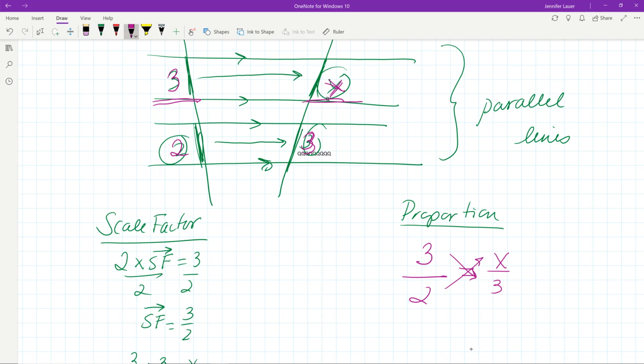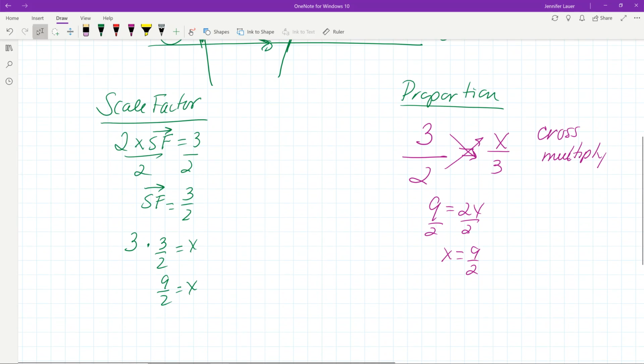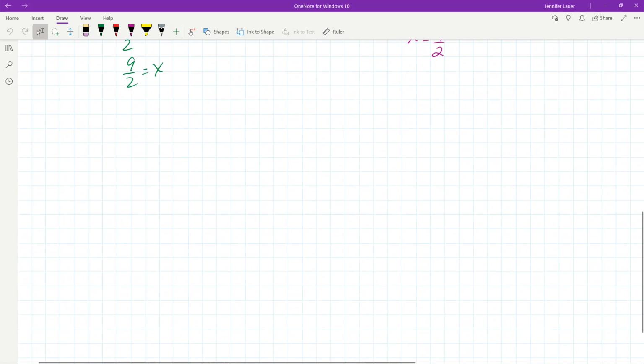Then I do some cross multiplication. This becomes 9 is equal to 2x, dividing both sides by 2, x is equal to 9/2. So again, you see that you get the same answer. I personally just think that the proportion is easier to pick out and to see. So let's do a couple more of these just to make sure you are comfortable with them.